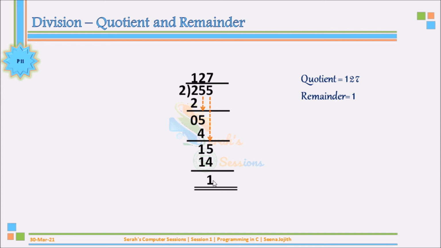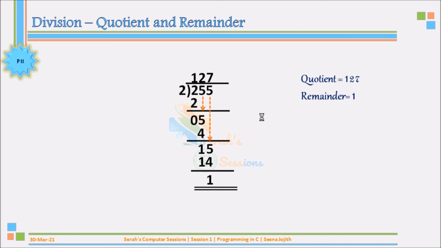It doesn't continue until we reach 0. So what we have to understand here is that whatever comes on top is taken as the quotient, and whatever comes in the bottom will be taken as a remainder. No further traversing by additional zeros is done in programming.